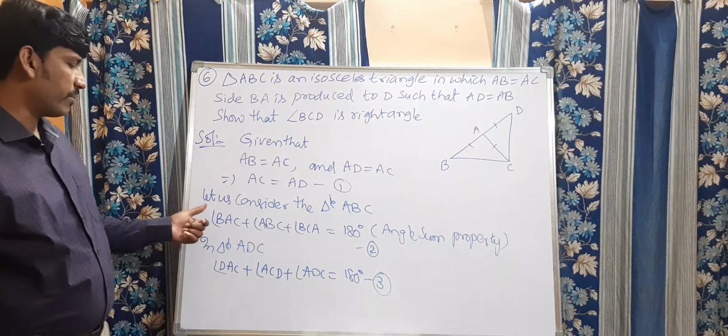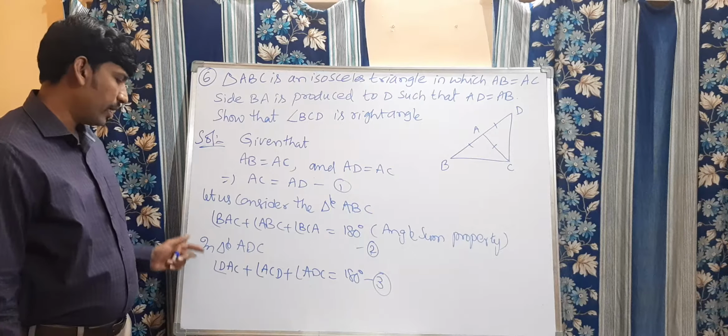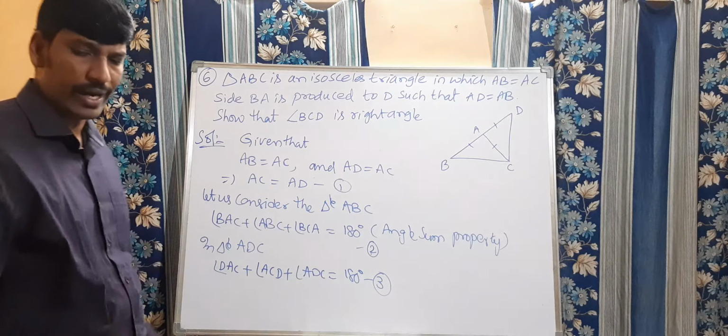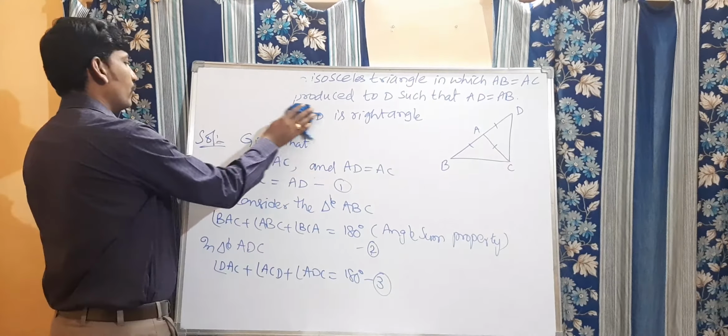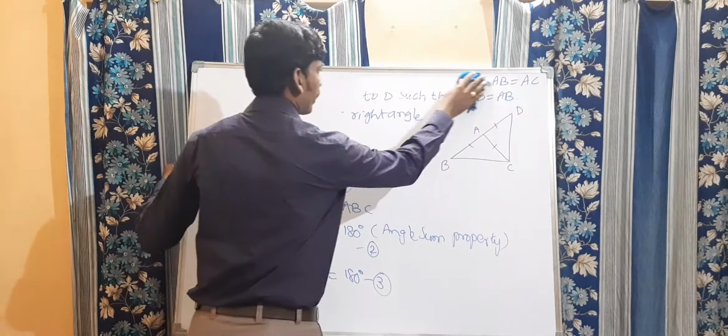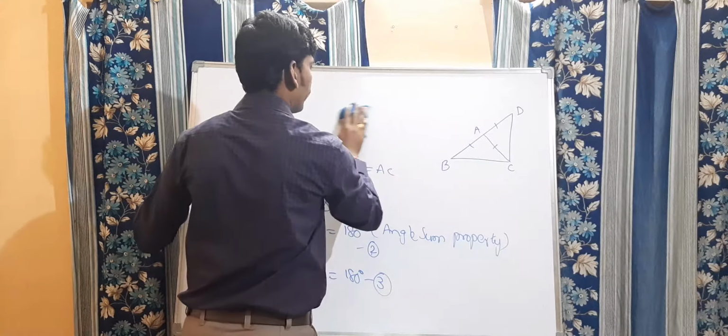Now add equation number 2 and 3. We are going to add equation number 2 and 3. You will get the required solution. That's it. Right? So by adding equation number 2 and 3, what you are going to get here? Observe clearly.